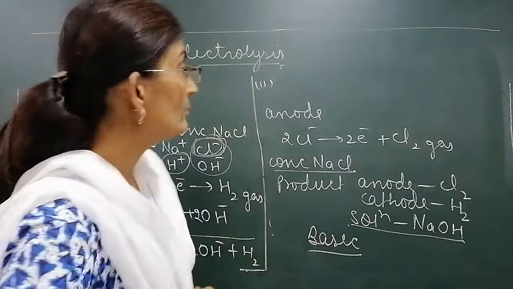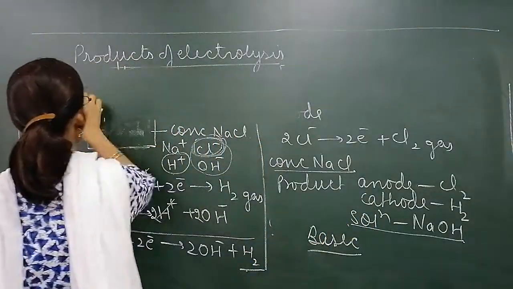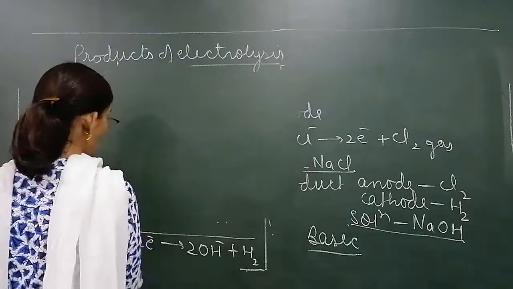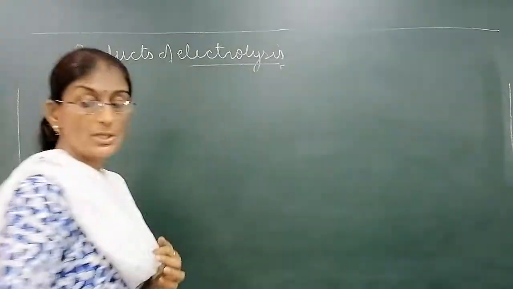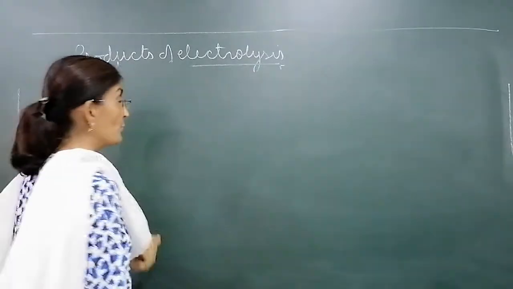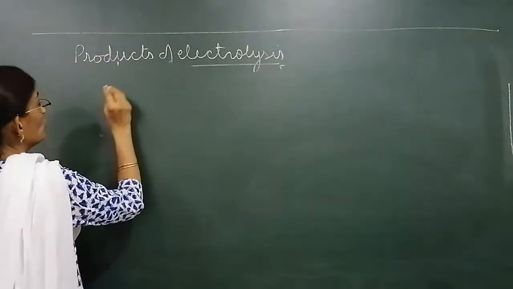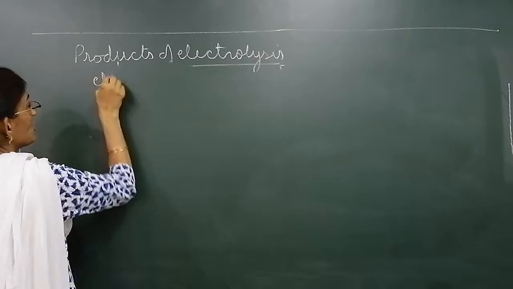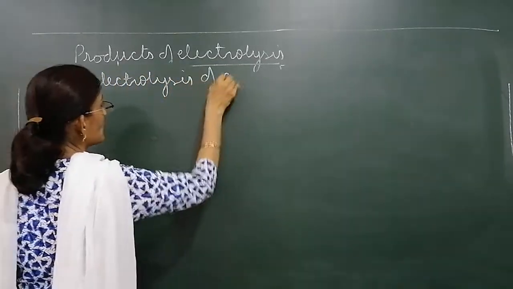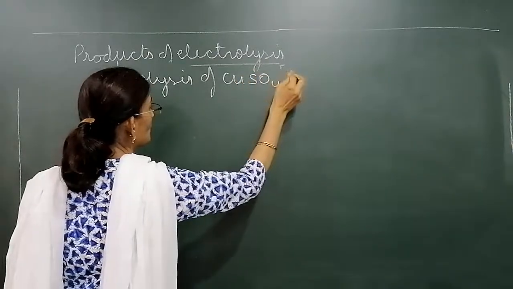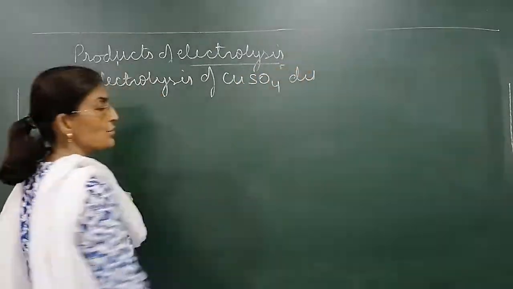Now, how does the product of electrolysis depend on the nature of the electrode? If we change the electrode, how will the products change? Again, we will take two cases. Electrolysis of CuSO4, we are using dilute aqueous solution of copper sulfate.